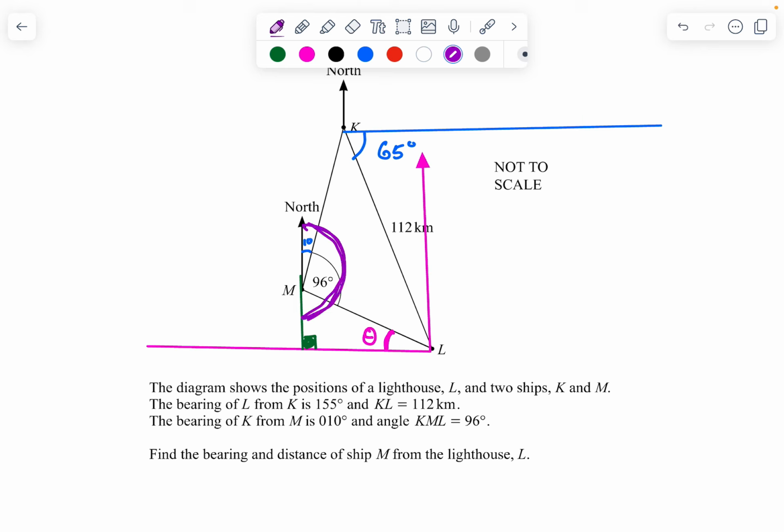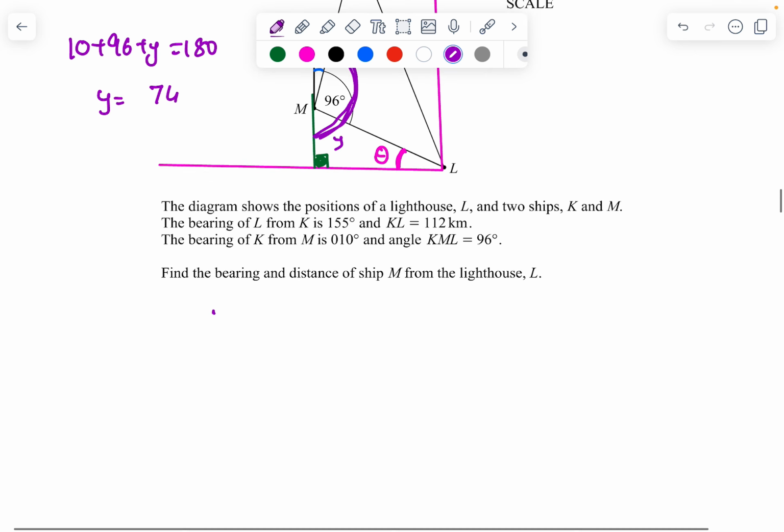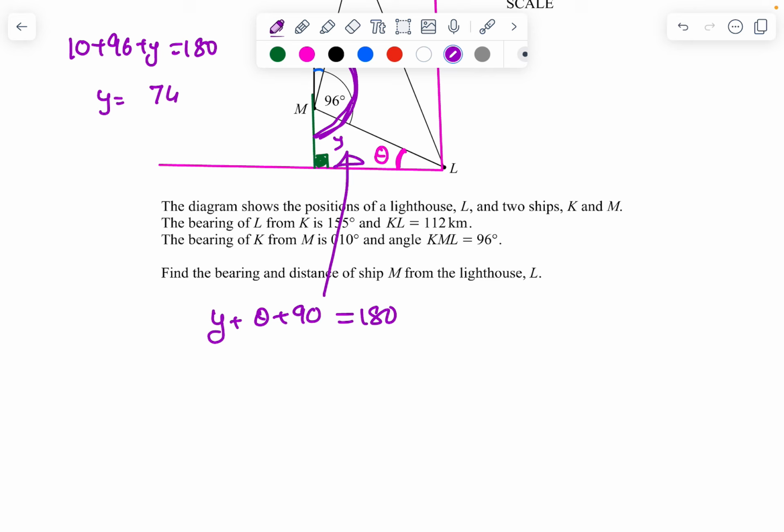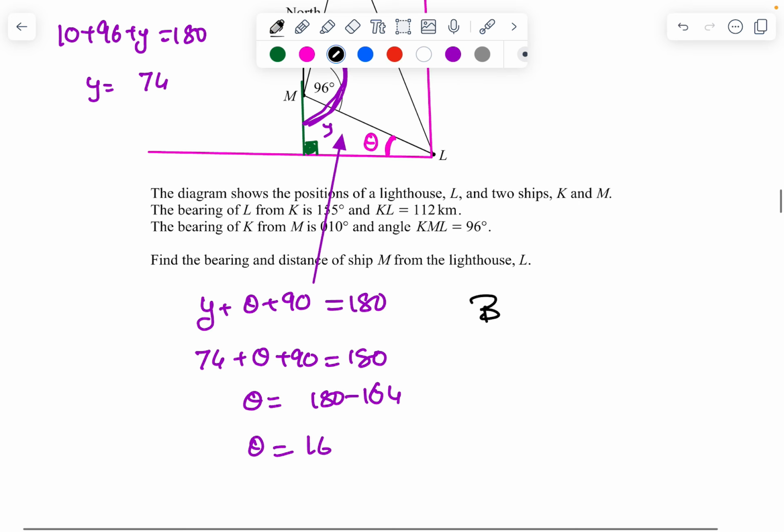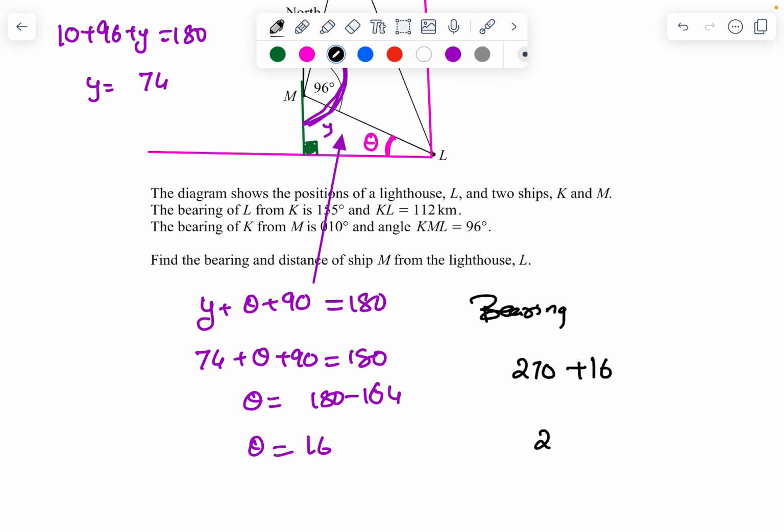So the small angle may be y. So 10 plus 96 plus y equals 180. So y equals 74. Once y equals 74, y plus theta plus 90 equals 180 degrees in this triangle. So 74 plus theta plus 90 equals 180. So theta equals 180 minus 164, which is 16 degrees. So the bearing is 270 plus 16, which is 286.